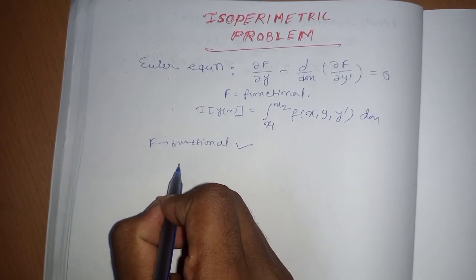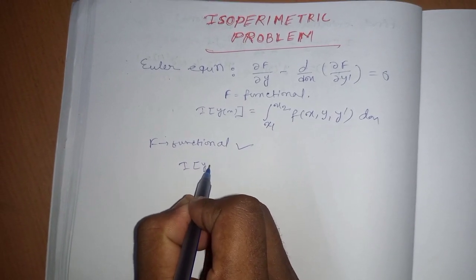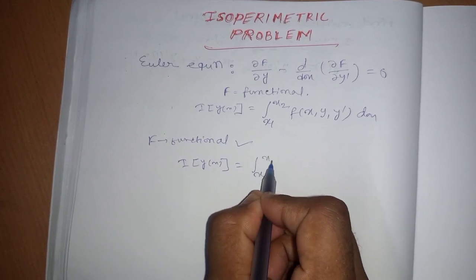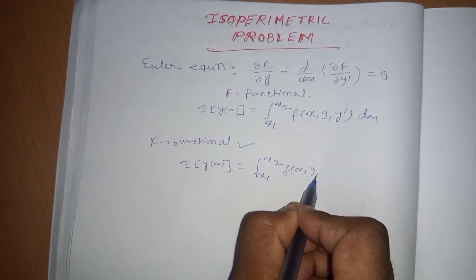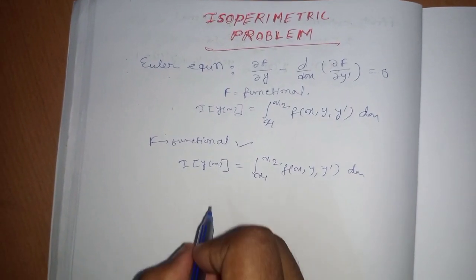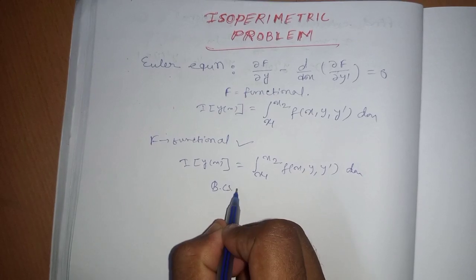See, suppose I of y(x) equal to integration x1 to x2 f of x comma y comma y dash dx. It is our functional and the boundary conditions are given.